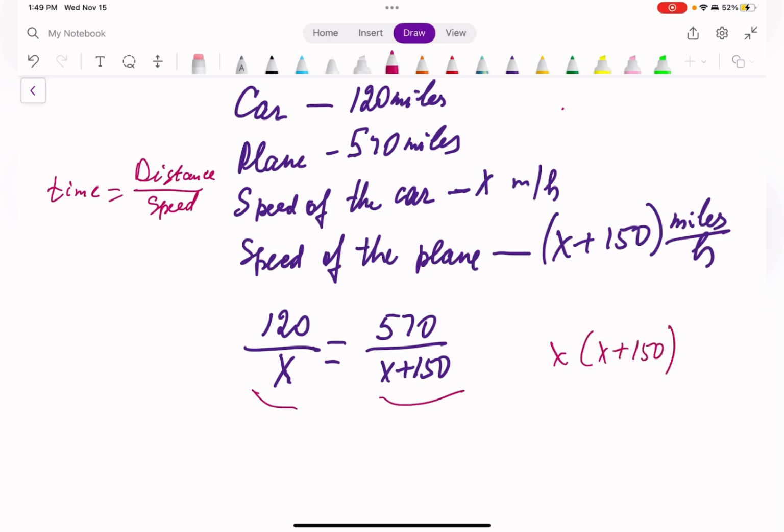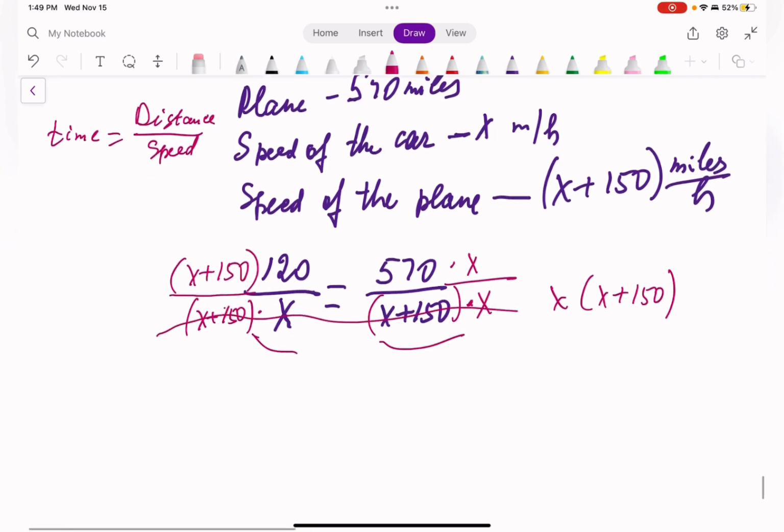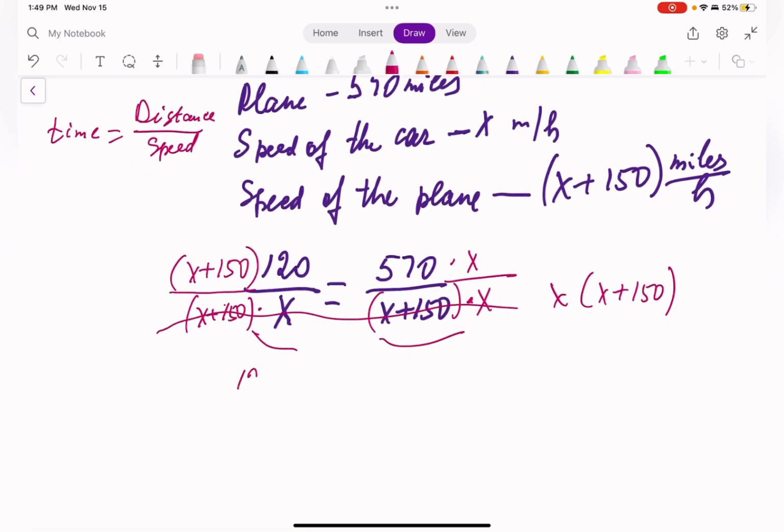That will be our common denominator, which means here we are multiplying by x plus 150, and here we are multiplying by x because we are missing x here. So the denominator is the same, dropping, and we have 120 times x plus 150 is equal to 570x.